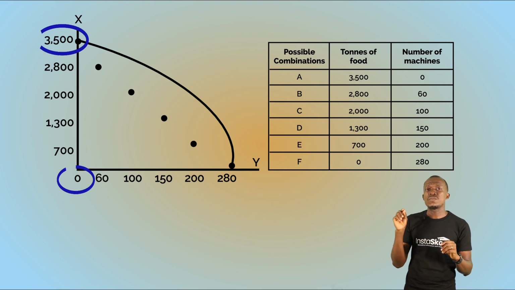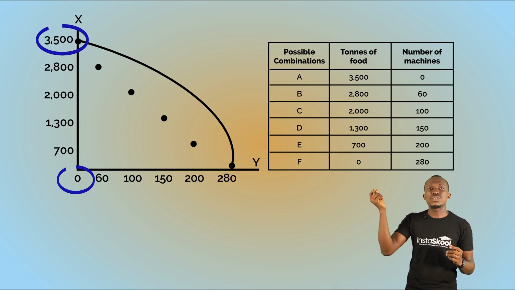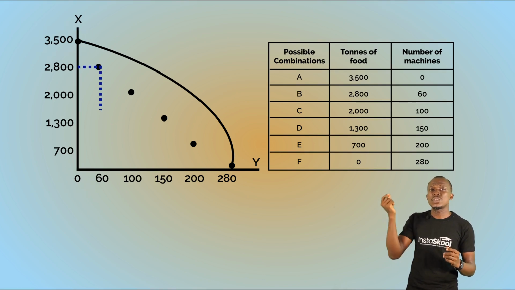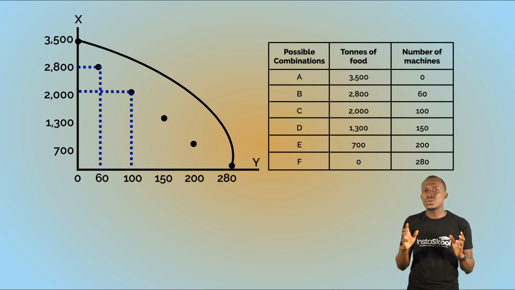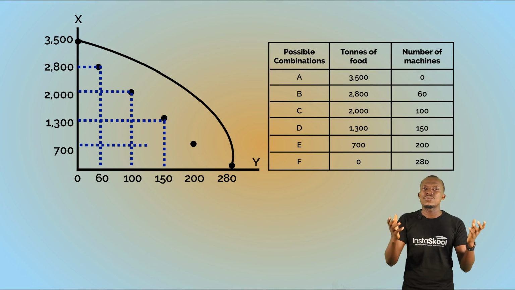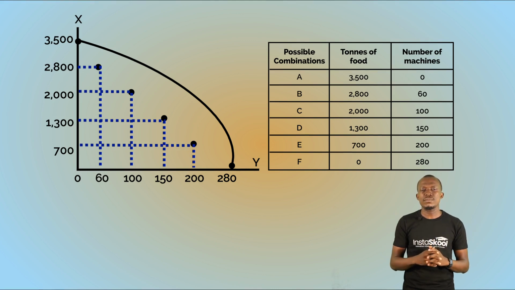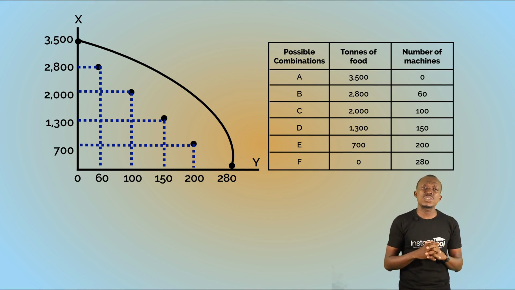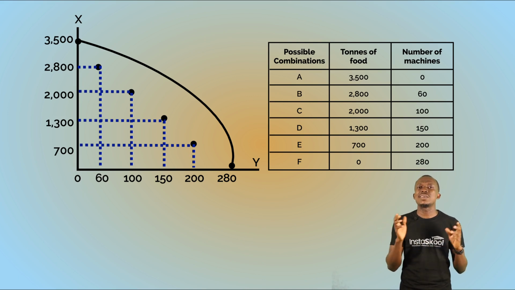So when you take note of different points, when machines is 60, food is 2,800. When machines is 100, you mark the point for food. And so when this is done, we connect these points and we have a curve. This curve shows us our production possibility curve for producing food and machines in our economy.